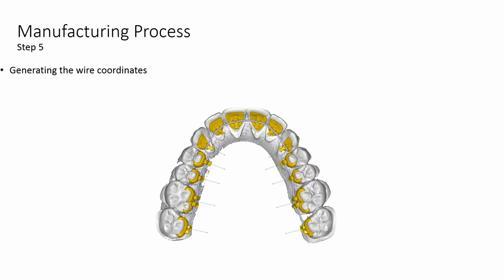But when you use a system with a straight wire, you have to be aware that the bracket bodies are further away from the tooth, therefore probably more uncomfortable, and you have less control because you're further away from the center of resistance, especially concerning torque.